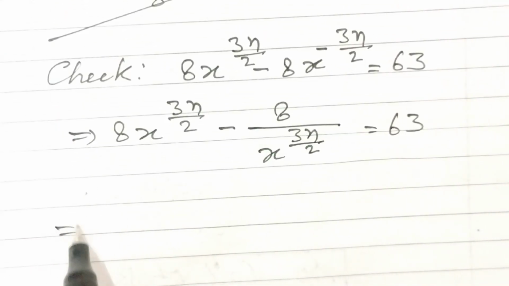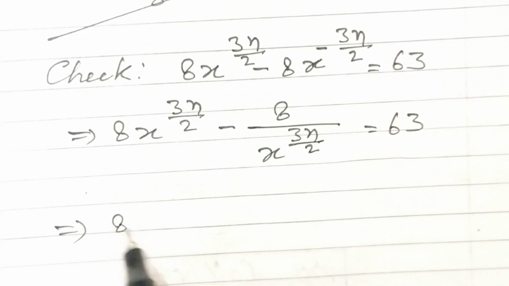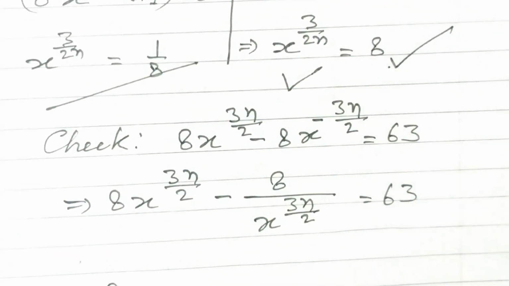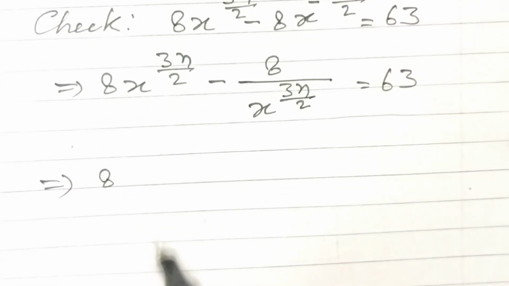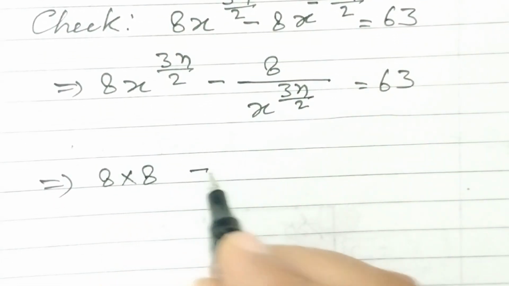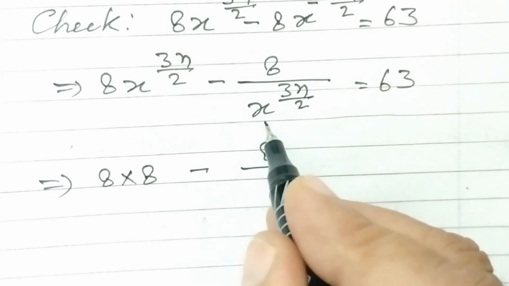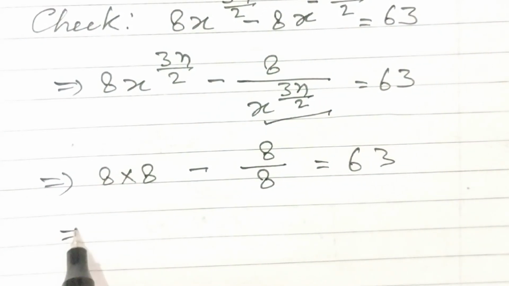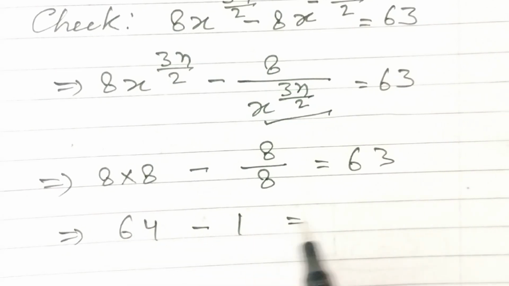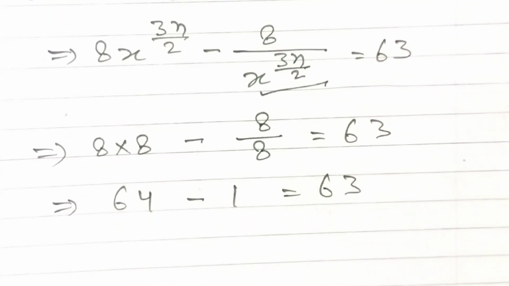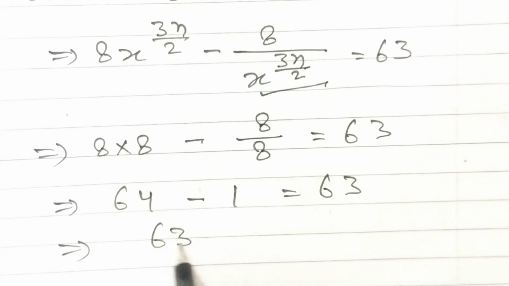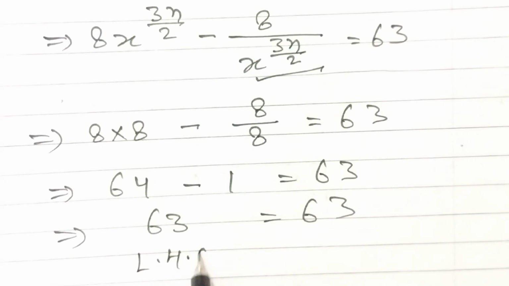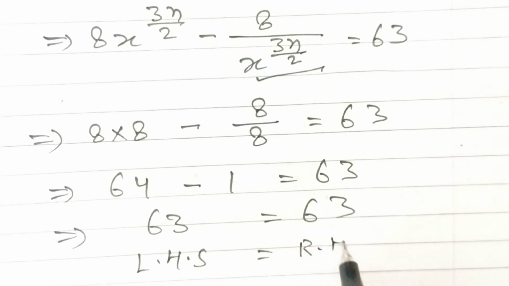Fine. So this is equal to 8, so 8 times 8 minus 8 over this value 8 is equal to 63. So 64 minus 1 is equal to 63. So 63 is equal to 63, so the left hand side is equal to the right hand side.